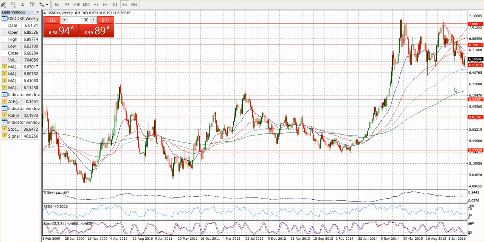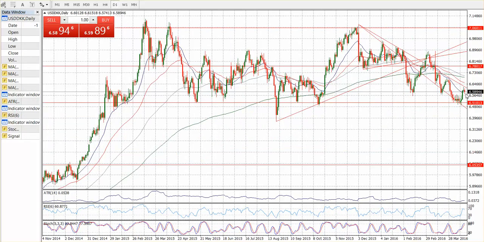It's come back, and you can see actually on the weekly chart, it's got a really strong buy bar here. So you may find that if we did enter it here, it would just hit this level of support and come back against us. So what we're looking for is for this to break down through this level of support, retest it, and then we can take it. So that's why we didn't enter the sell on the US dollar against the Norwegian krona, Swedish krona, Danish krona, or Hungarian forint, all for the same reasons.